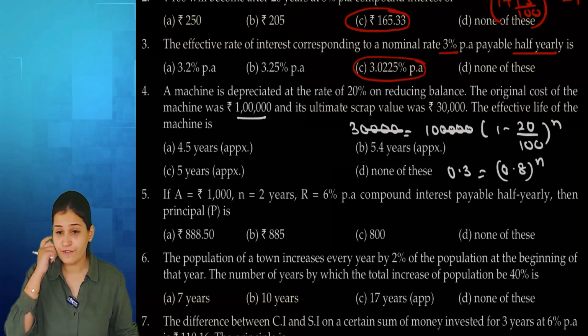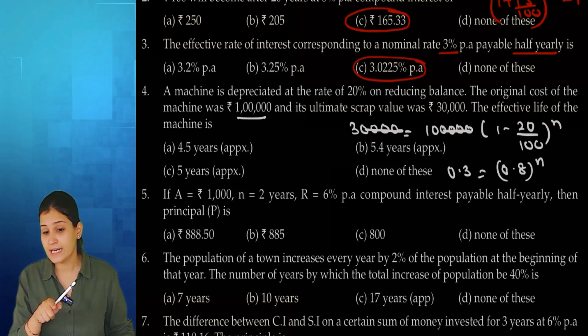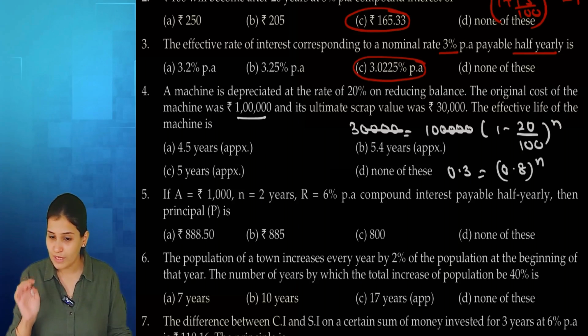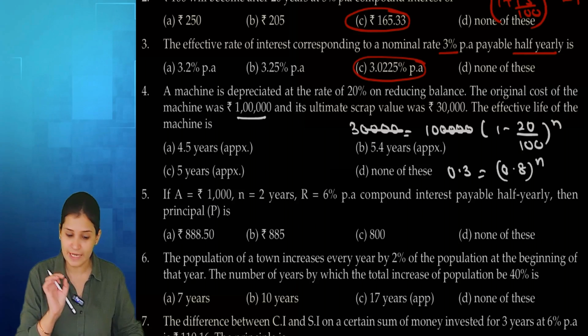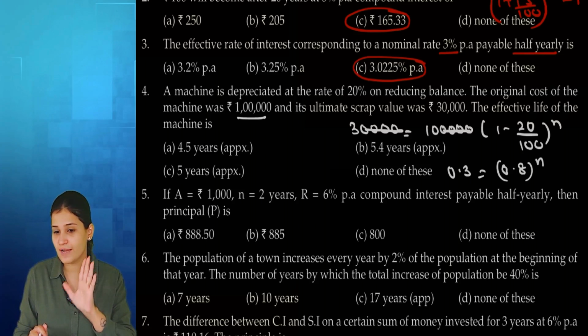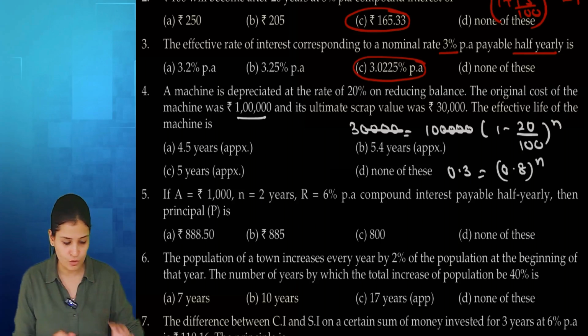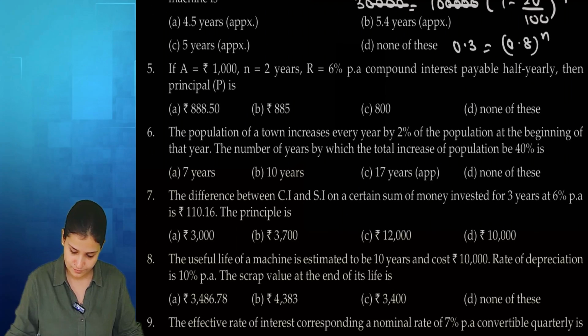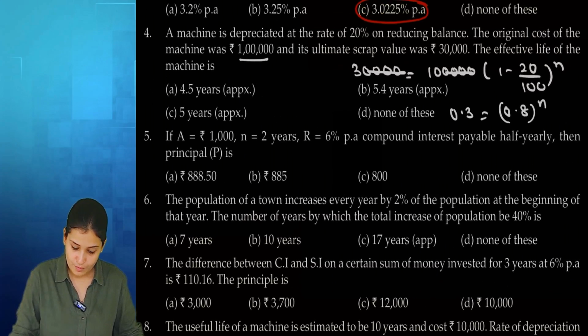Now, in order to find n, what will we do? See, there are decimals. We can't calculate a decimal power with the help of the calculator. So what we'll do is, we'll first write 0.8 in the calculator and multiply. I'll stop at 4. I'll first find 0.8 to the power 4. What is 0.8 to the power 4? 0.4096.